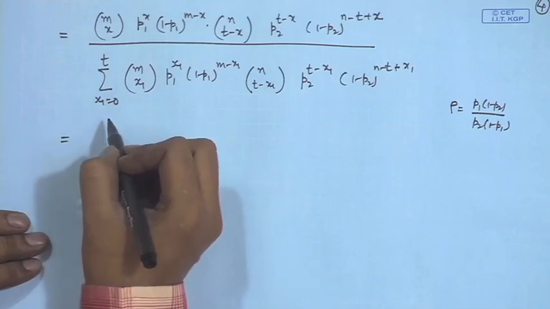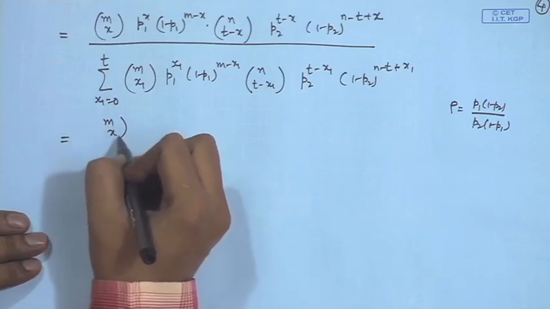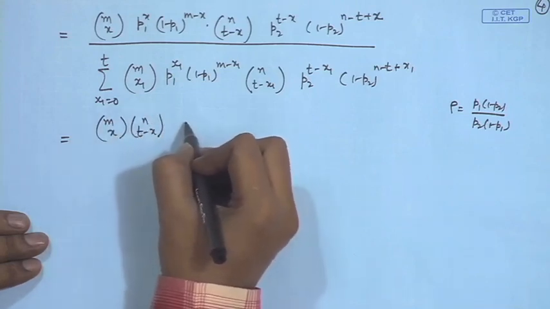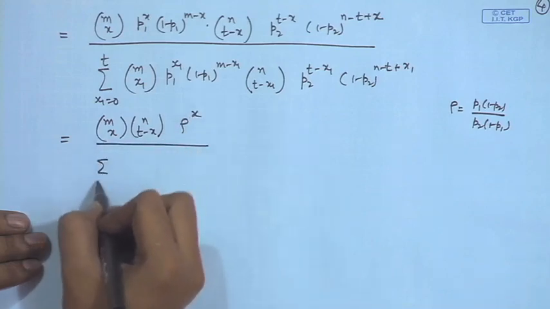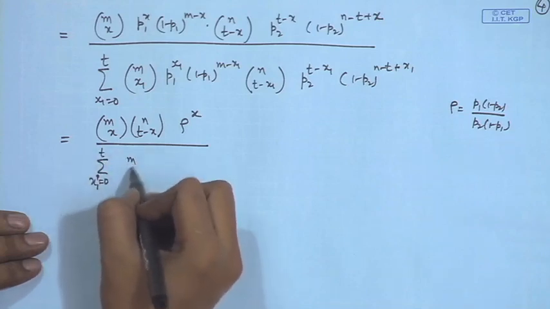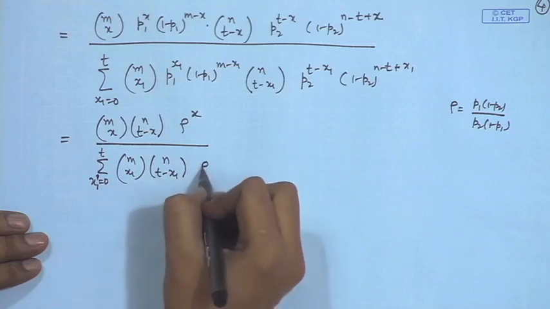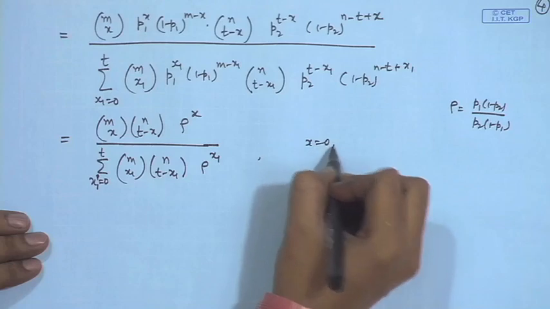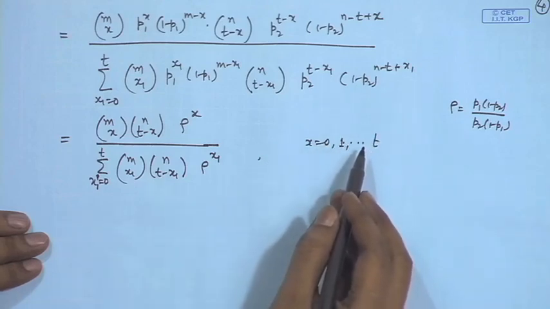If we use this notation, this can be reduced to m c x, n c t minus x, rho to the power x divided by the sum of m c x1, n c t minus x1, rho to the power x1, where x1 varies from 0 to t.